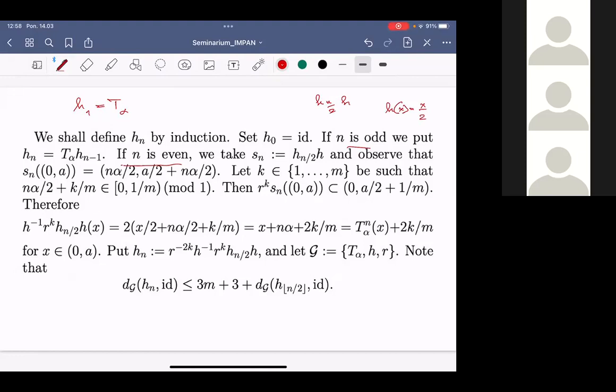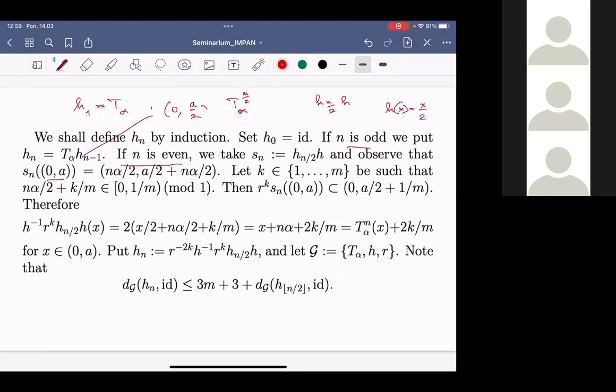So if we take the interval from 0 to a, it is transformed onto 0 to a over 2. On this interval, Hn over 2 behaves like T alpha to the power n over 2.